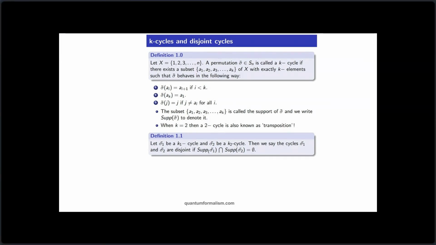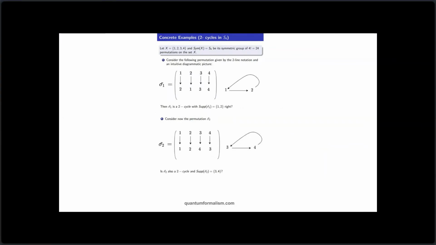It means the supports don't have anything in common. The intersection is empty. In fact, we can look at the two cycle examples and ask the question. For example, these two, are they disjoint cycles? Is the support of this set intersected with this one empty? So they are disjoint cycles, right?